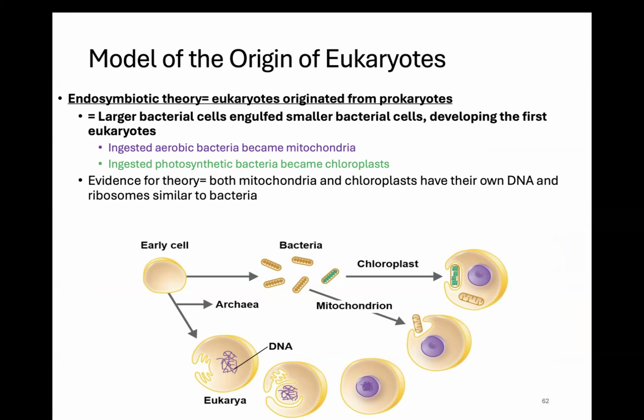If we just think of mitochondria, mitochondria have their own DNA, which is circular, similar to bacteria, and they have their own 70S ribosome, which is similar to those found in bacteria. So this theory tries to explain how eukaryotic cells acquired these organelles. Basically, two prokaryotes somehow ate each other, and that ended up being a eukaryotic cell.